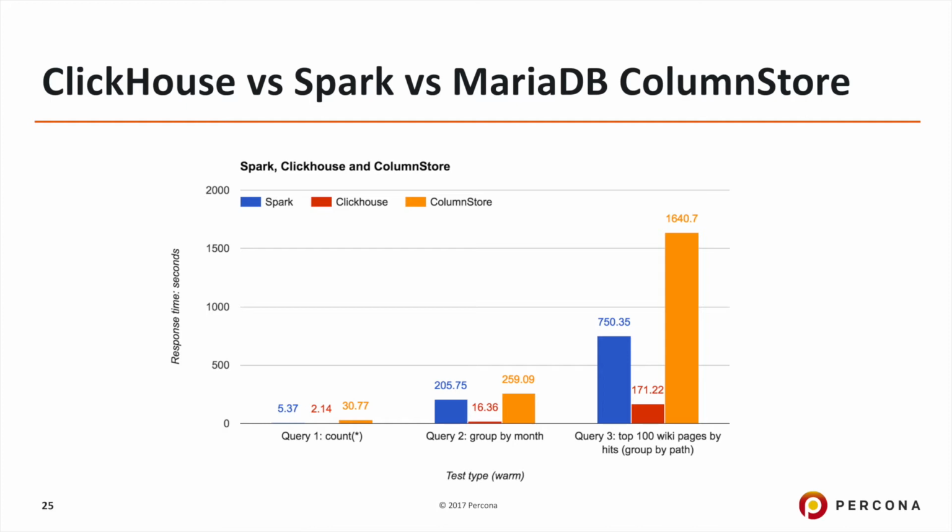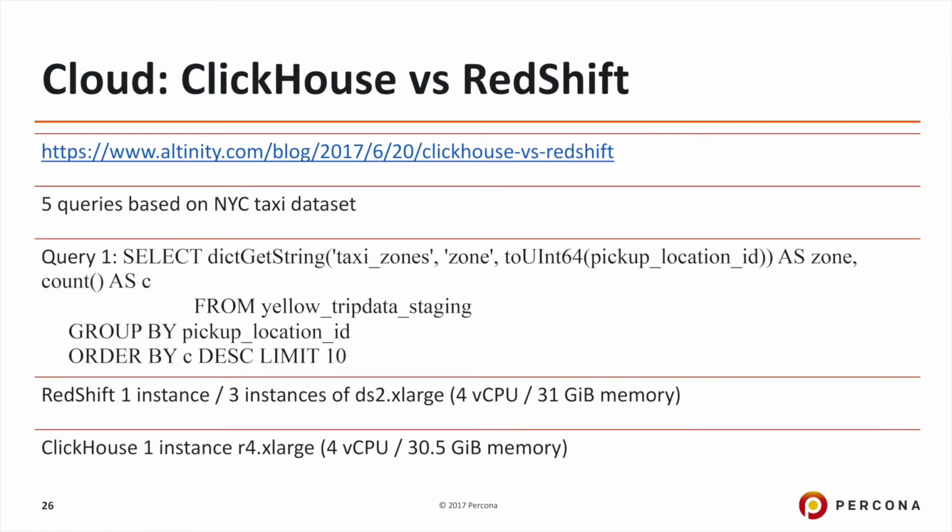Altinity also ran an experiment on cloud deployments and compared ClickHouse with the popular cloud analytical database Redshift. This is based on the New York taxi dataset, which I already mentioned, and we took 5 different queries. In the query example you can see again aggregation and sorting, over 1 billion rows.